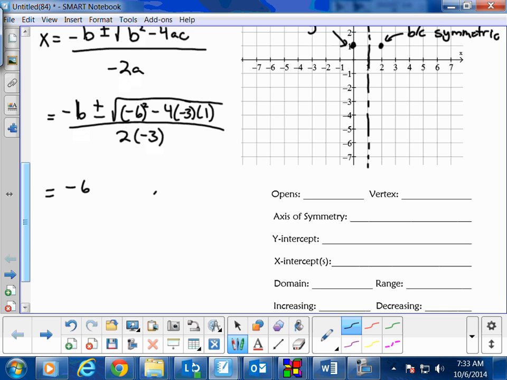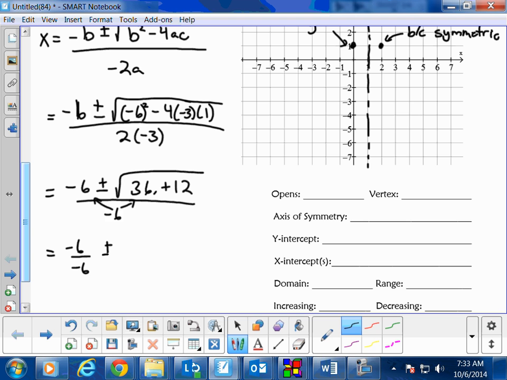This is -6 plus or minus the square root of 36 plus 12, and this is over 6, -6. So this becomes -6 over -6, plus or minus the square root of 48. All I'm doing is separating this.